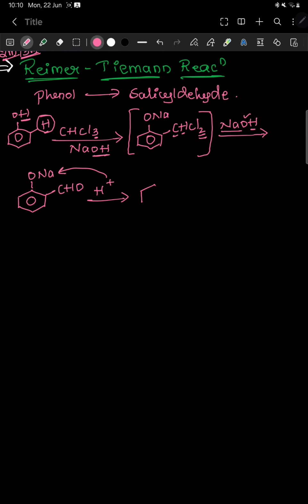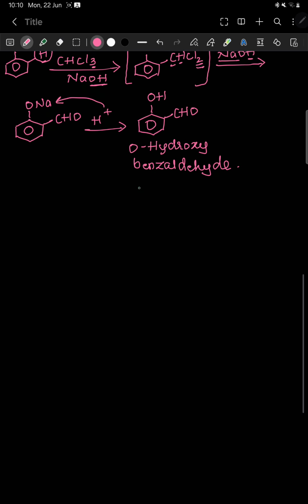So then you are going to get benzene as it is, CHO, and on the top it will be OH. So this is called orthohydroxy benzaldehyde. The same orthohydroxy benzaldehyde, most commonly we call it salicylaldehyde.